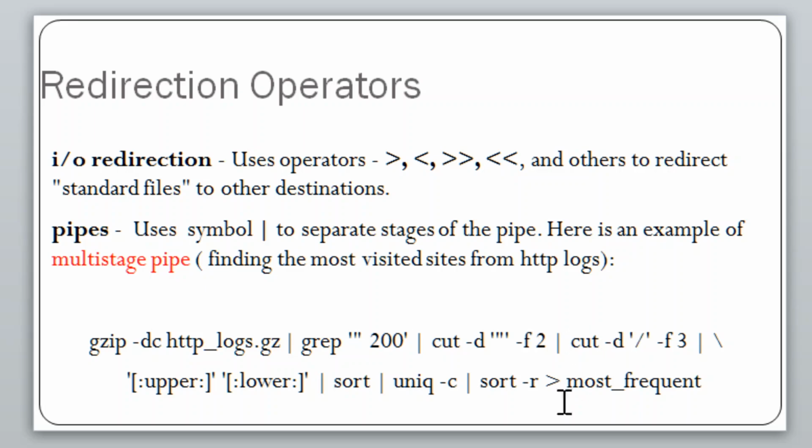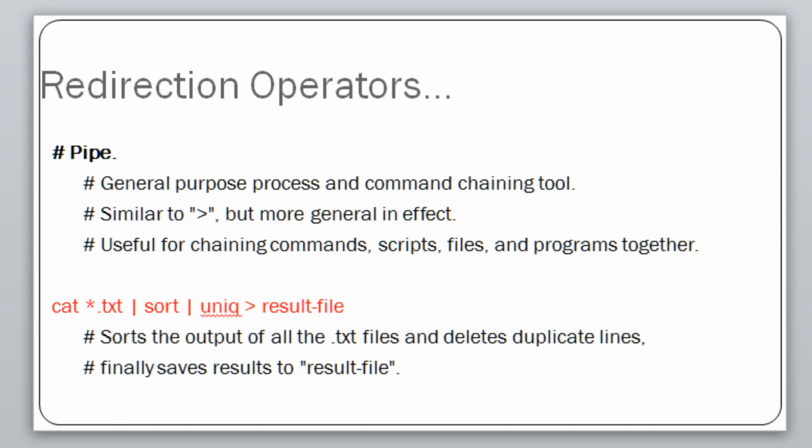So as you can see, you can use pipes in conjunction with these redirection symbols. The general purpose of a pipe is as a process and command chaining tool. It's similar to redirection, but more general in effect. It's useful for chaining commands, scripts, files, and programs together.